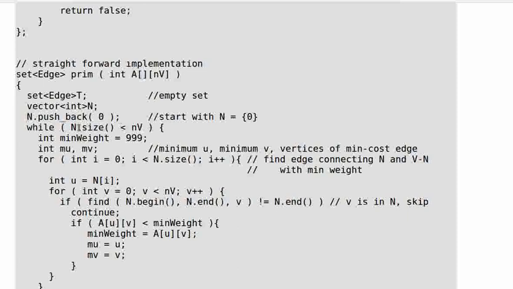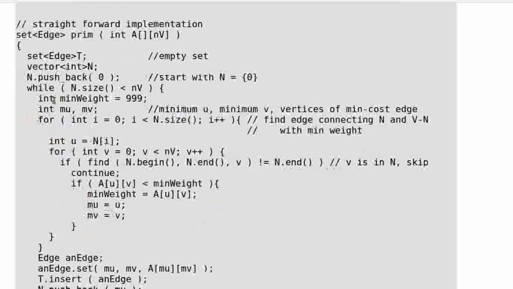If N is not the full set of vertices, then we do this. We set the minimum weight to infinity, 999, and we declare two variables, mu and mv, which basically mean minimum u and minimum v, the vertices of the minimum cost edge we found.